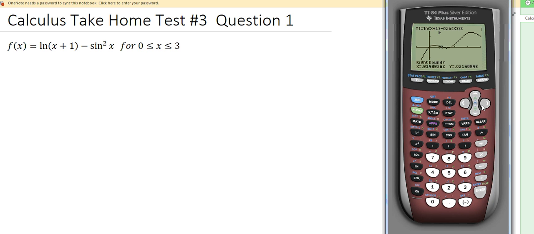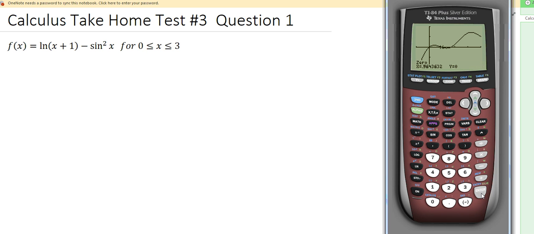Since it's so tight, I'm just going to get to negative 0.02. Looks to be fine. And there you can see the 0 is at 0.964. Make sure you carry that out to 3 decimal places for the other two. Obviously not 0, but anyways, let's take a look at B.